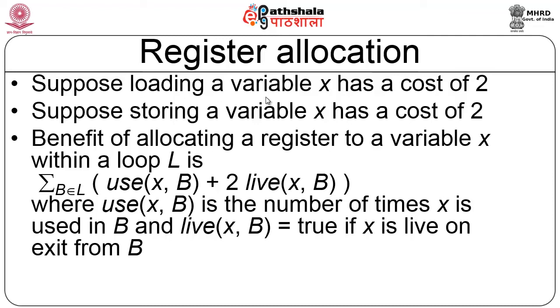While exiting a block you would store, and while entering a block you would load again. So since store and load are going to happen if a variable is living after a basic block, it is better to keep that variable in a register itself and avoid load and store instructions. That is why this 2 is used here.